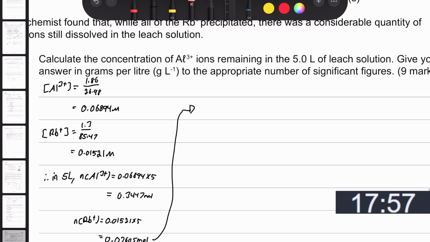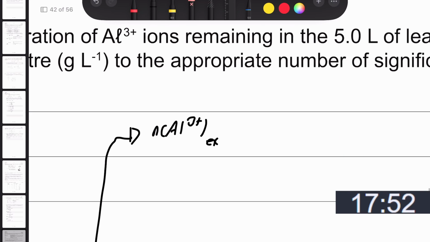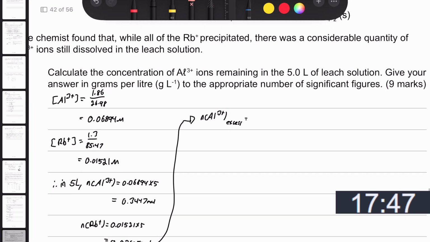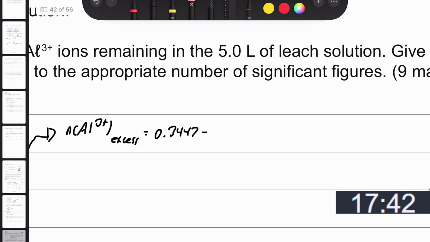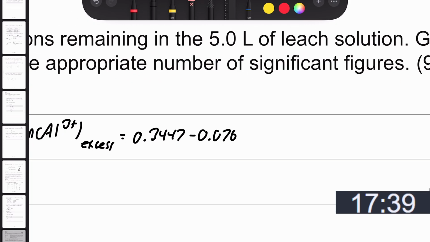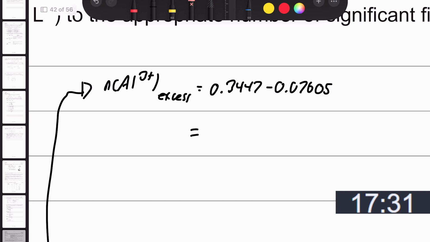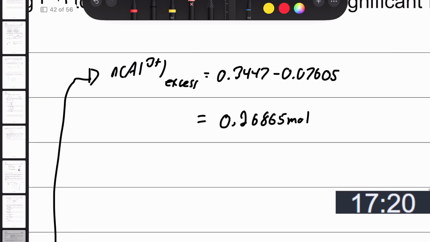So the number of moles of Al3 plus in excess will be equal to 0.3447 minus 0.07605, and the answer is 0.26865 moles.